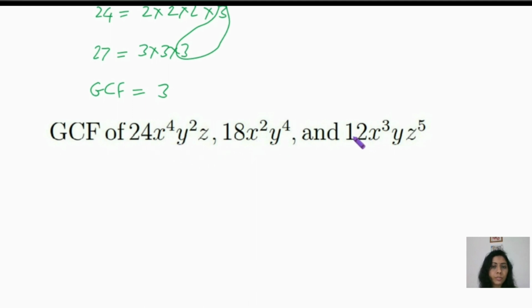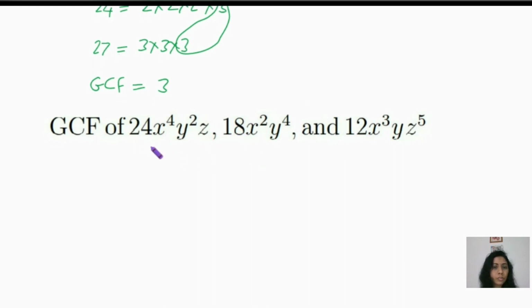Here 3 also works. So 2 times 3 is 6. 24 is divisible by 6, 18 is divisible by 6, and 12 is divisible by 6. So the greatest common factor of 24, 18, and 12 is 6.